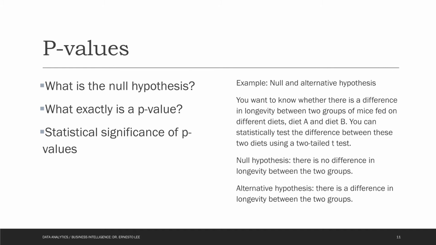So what exactly is a p-value? The p-value tells you how often you would expect to see a test statistic as extreme or more extreme than the one calculated by your statistical test if the null hypothesis of that test were true. The p-value gets smaller as the test statistic calculated from your data gets further away from the range of test statistics predicted by the hypothesis that two columns of data have no relationship.